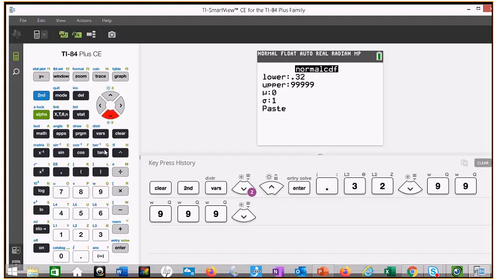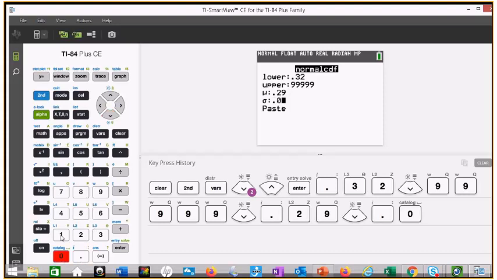Mu is 0.29, and standard deviation is 0.019. Hit enter. This is what you would punch in your new calculator.